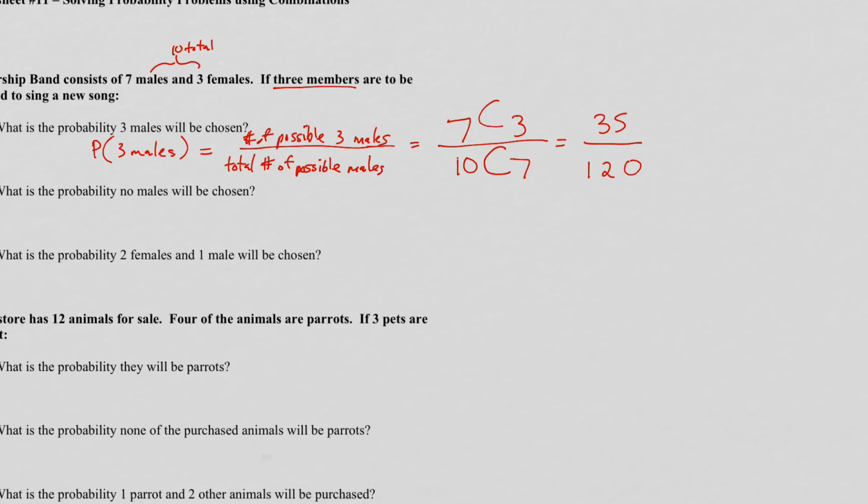So leave it as simple as possible. Maybe do scratch work on the side if you have to, and then plug in the numbers. So what's 35 over 120? Your calculator should reduce this to 7 over 24.